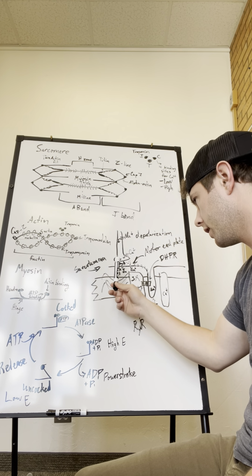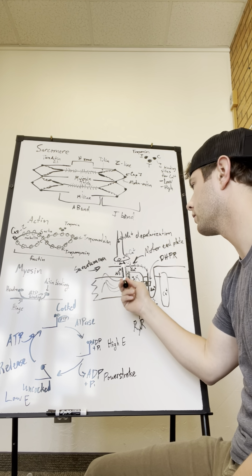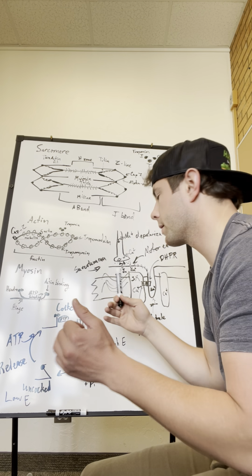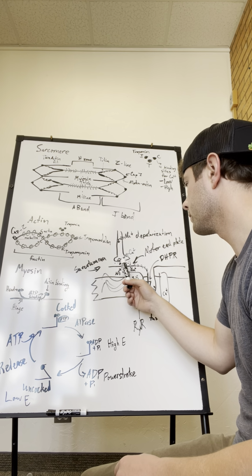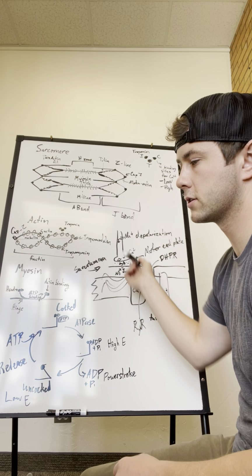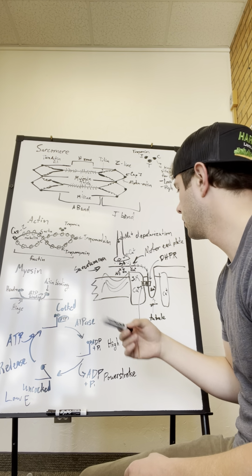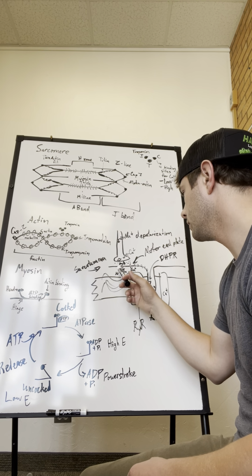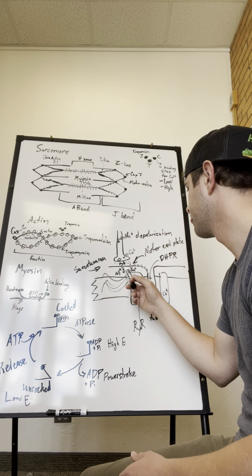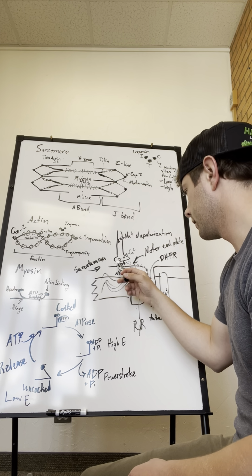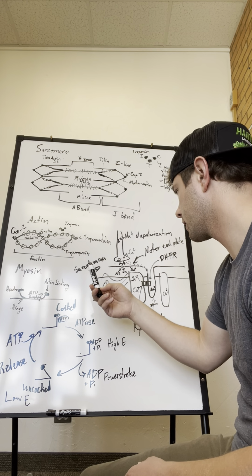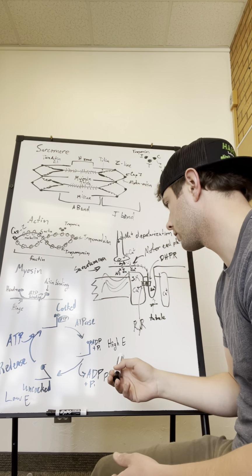So when you bind to a ligand-gated channel on the sarcolemma, that opens up a channel so that sodium can get into the intracellular space, which generates an action potential down the membrane of the sarcolemma.